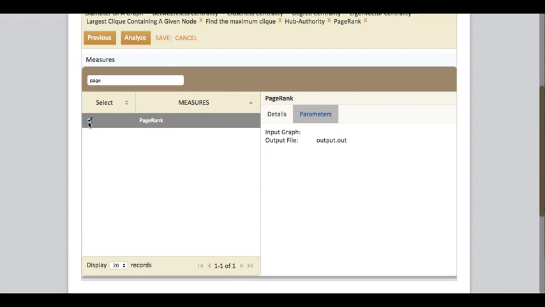So I need hub, authority, and page rank for the network. Maximum clique containing node 1.